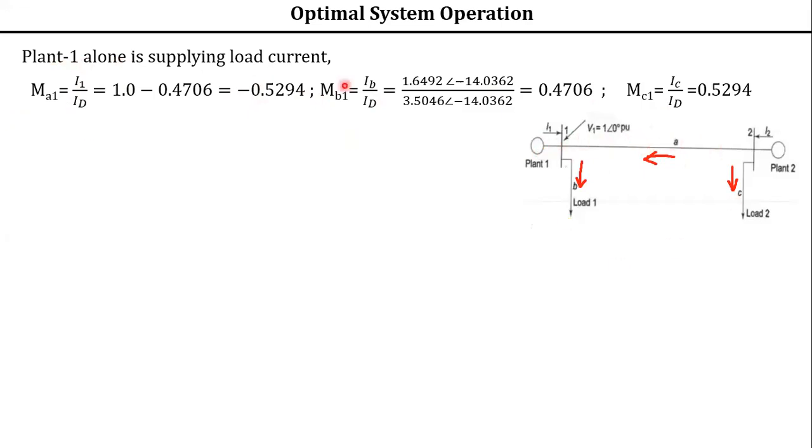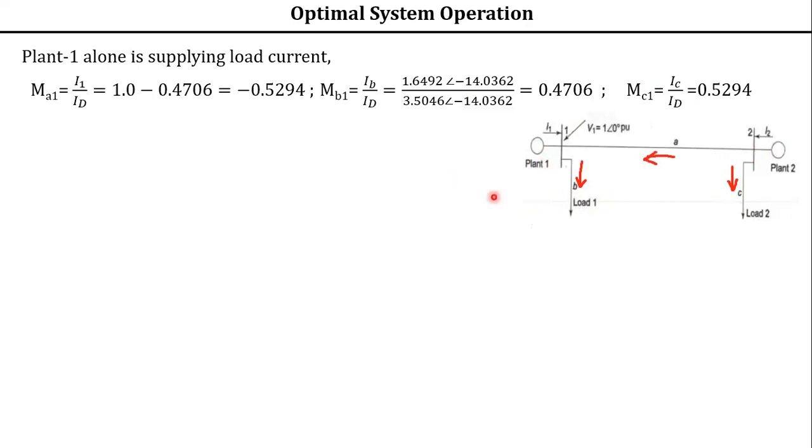Similarly, when plant 2 alone is supplying, I1 is 0. Understood? And this load current remains the same irrespective of the operation of the plant. That means MB1 and MC1 remain the same, whether plant 1 or plant 2, whatever it is.